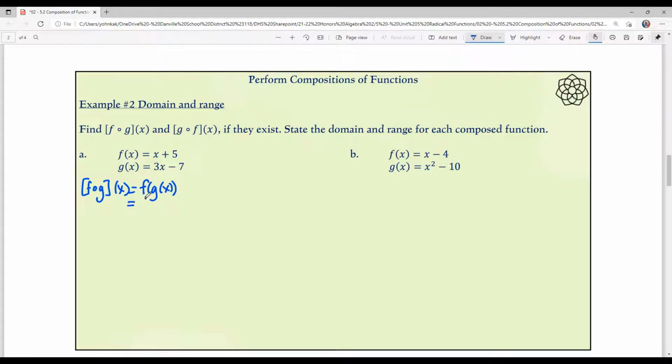So what we're going to do is leave the f function alone, and we're going to replace g of x with what g of x equals, which is 3x minus 7. Then we're going to go to the f function, and we're going to substitute 3x minus 7 in for x. And so we're going to get 3x minus 7 plus 5. If we collect like terms, that's 3x minus 2.